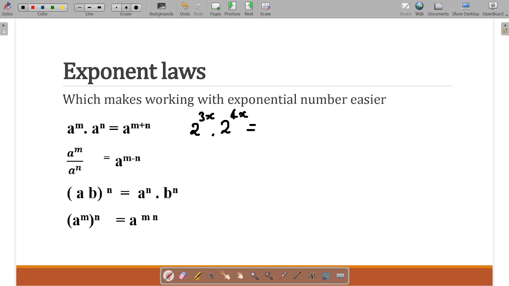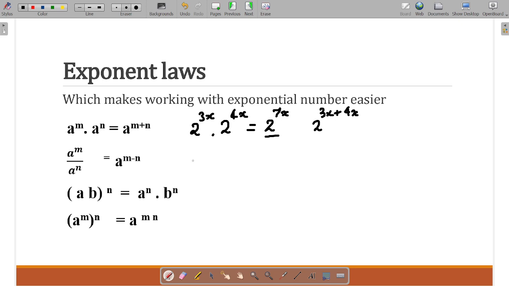The answer is 2 power 7x, that is 3x plus 4x. I will write it on this side: 2 power 3x plus 4x, which gives 7x.